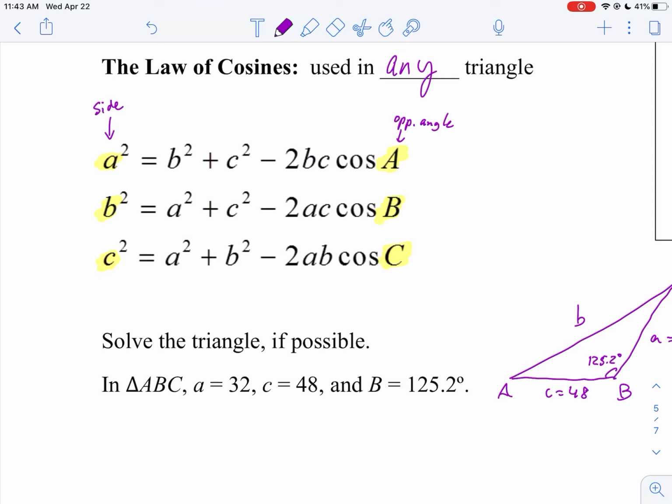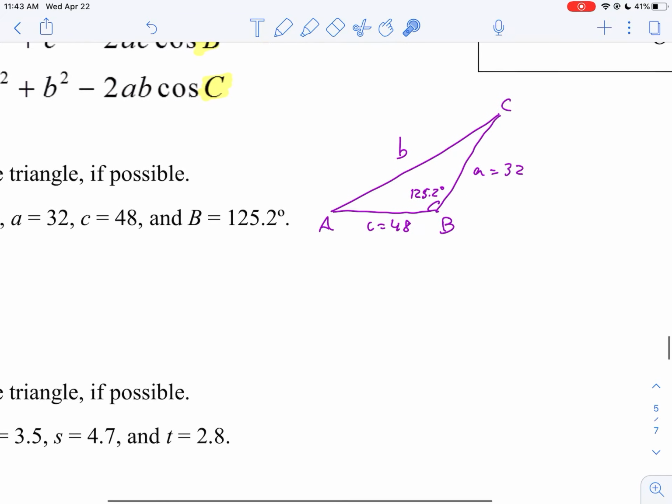And as long as you remember that, the rest of the formula kind of falls into place. You see we have BC, then we also have BC here. So whatever is in these 2 locations ends up going here as well. AC, AC, AB, AB. And then the minus 2, the cosine's the same. So let's just try that out.